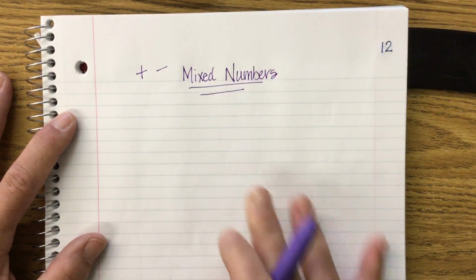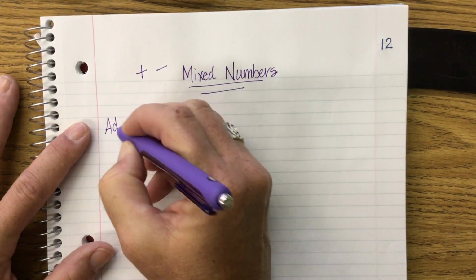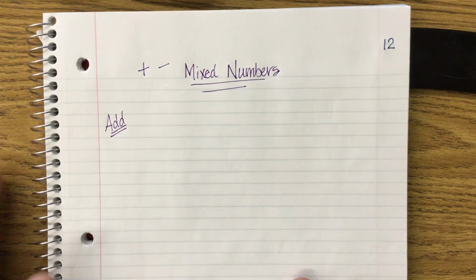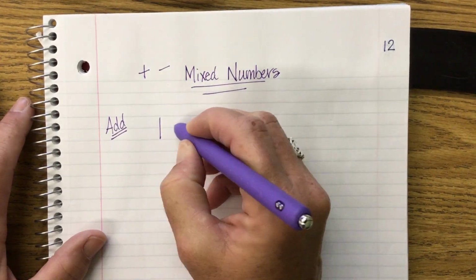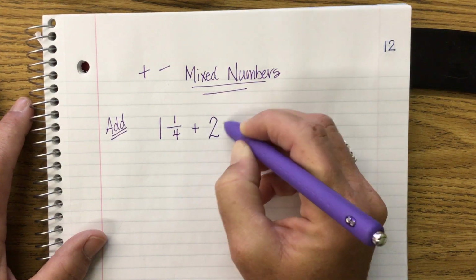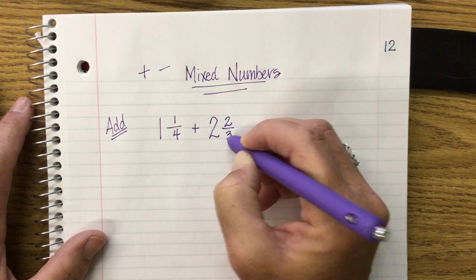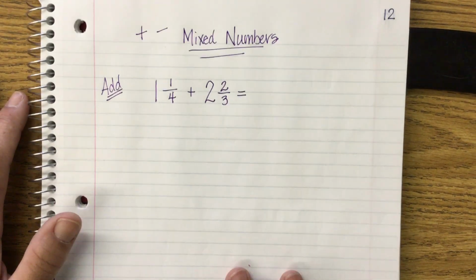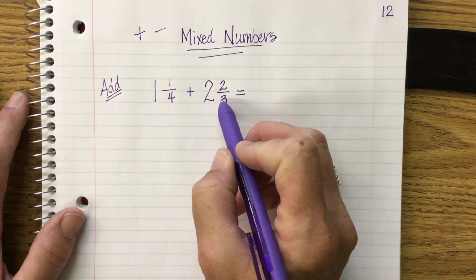Okay. All right, so if we add, I'm going to show you a couple different strategies, and I call it the one-ster. So if we had 1 and 1/4 plus 2 and 2/3. Okay? What I like to do is take your fractions out.